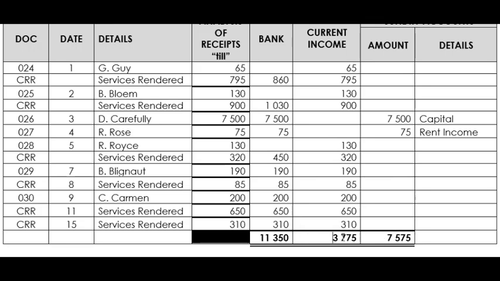Okay, so therefore if you add these two together, you know that you have received 3,775 Rand for the services you have rendered and 7,575 Rand from other sources, which equals a total of 11,350 Rand received from customers for the month. Okay, that's it.